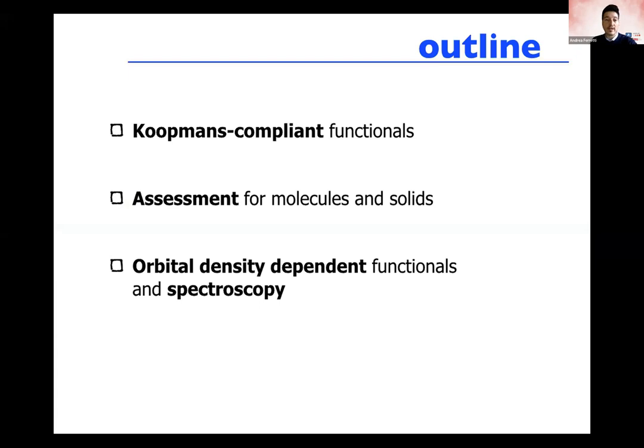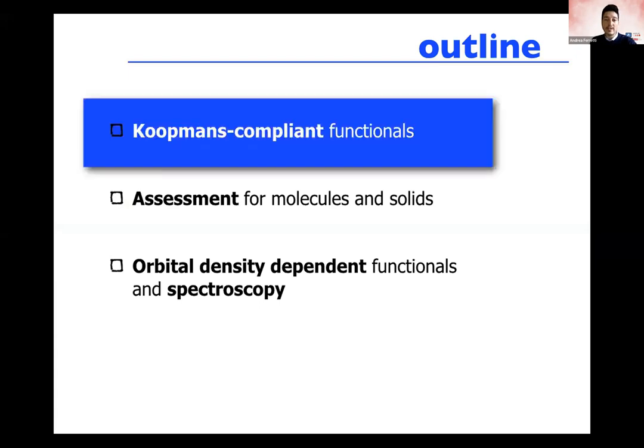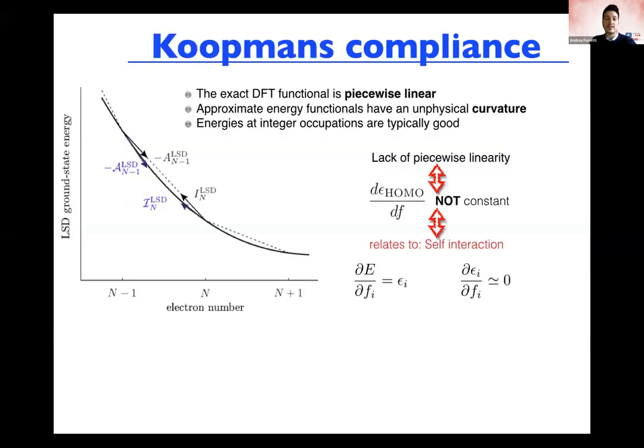So here is the actual outline, and let me start with the introduction of the Koopmans construction. So as also we heard yesterday, all of this is rooted in the fact that exact DFT within a statistical approach with fractional number of particles gives a total energy that is piecewise linear.